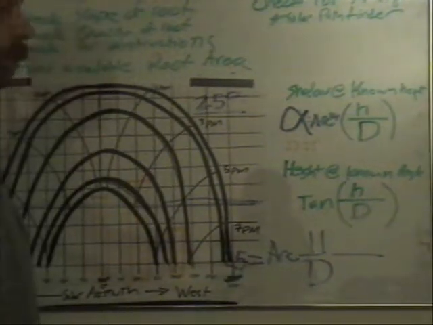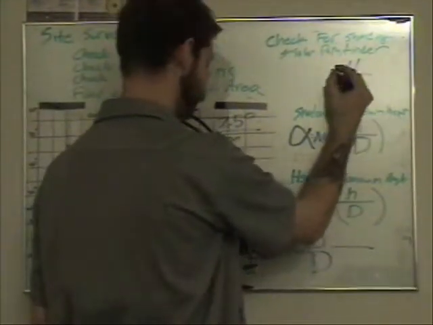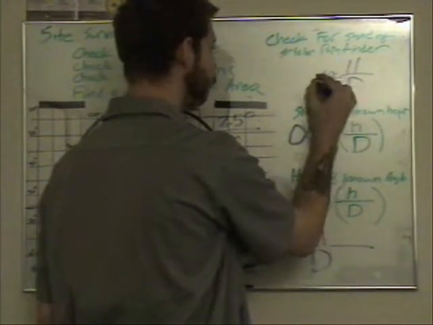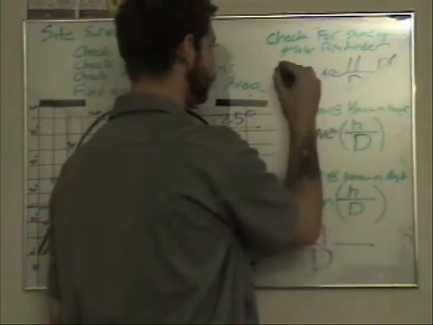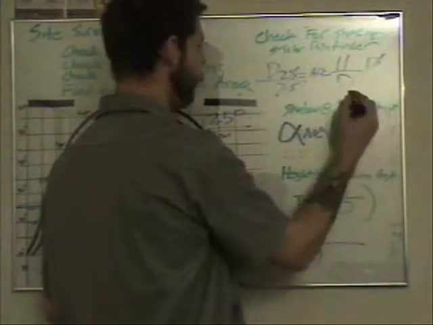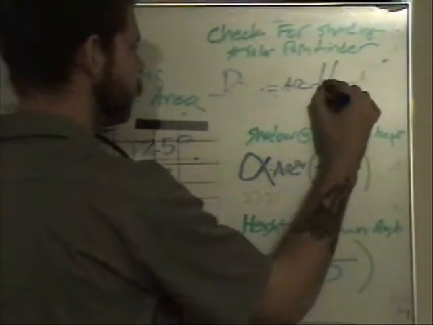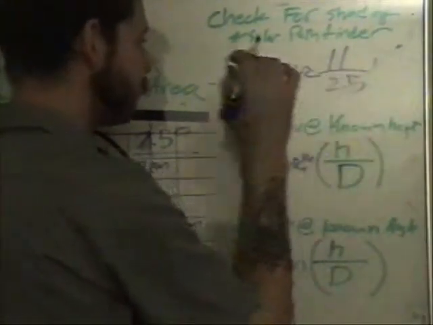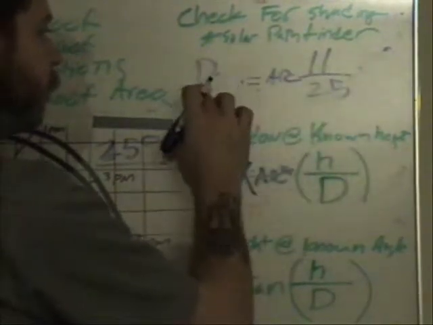Okay. So in order to do that, just a real simple calculation, you take the 11 feet over the distance, and we'll take the 25 off this side, and it ends up with the arctangent of 11/25 is equal to the distance.